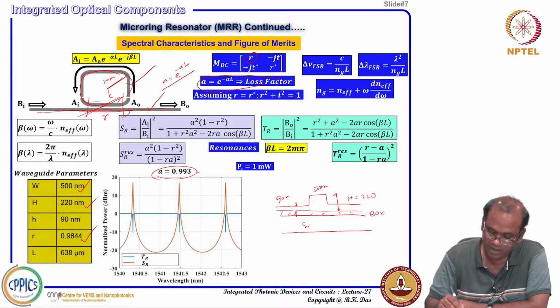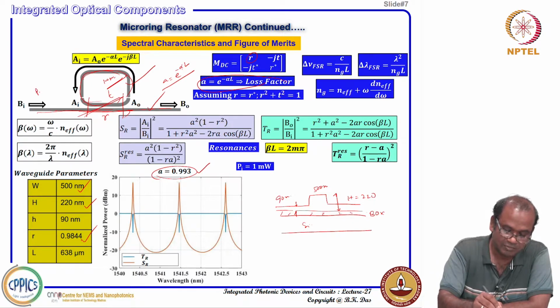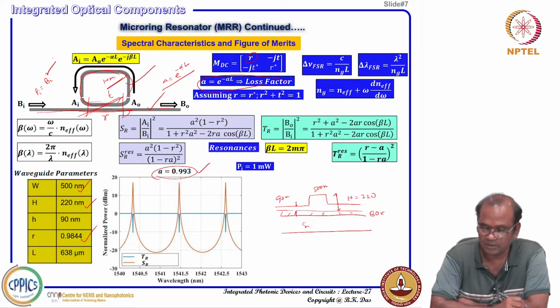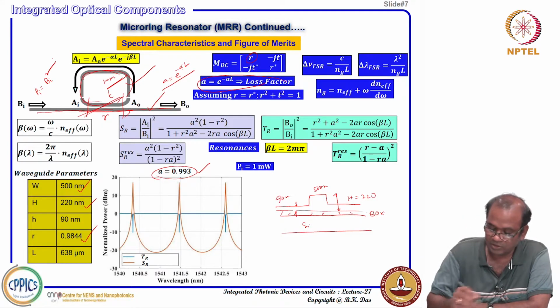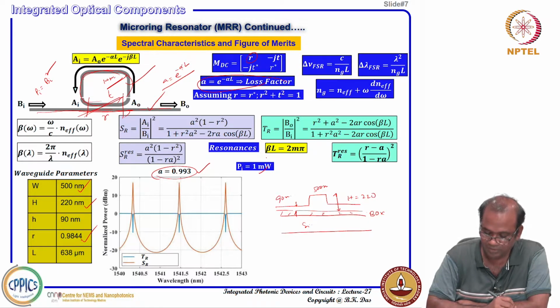Okay. So, for A, if we consider like this, and input power P input, which is nothing but Bi square, according to our convention so far, is 1 milliwatt, then we can plot both DR and SR. That means, with respect to 1 milliwatt, how much I am getting in the throughput and how much inside the cavity, as a function of wavelength.